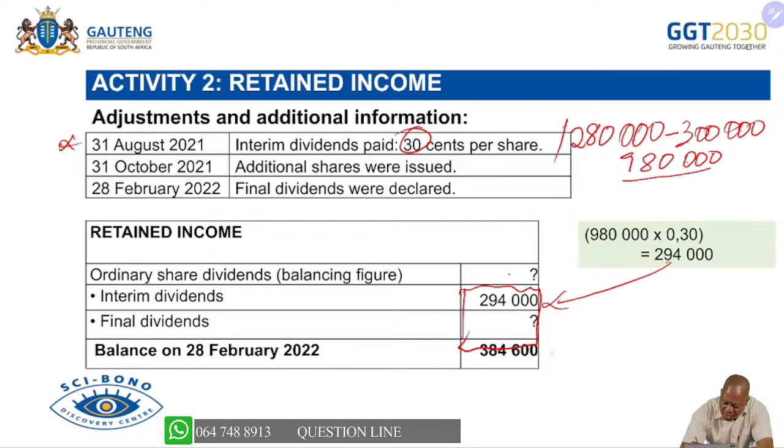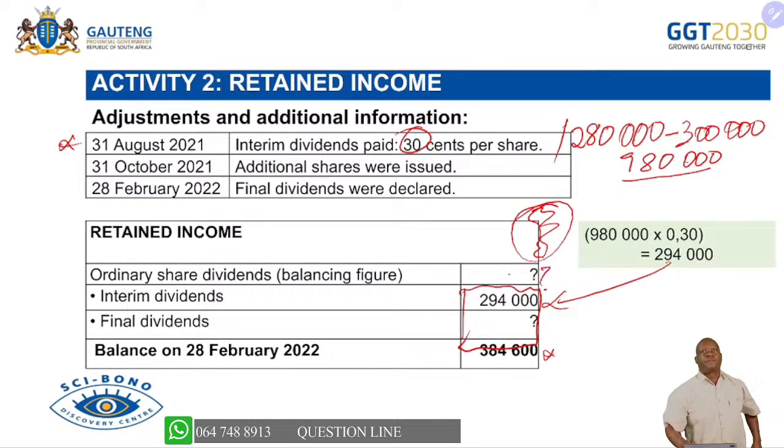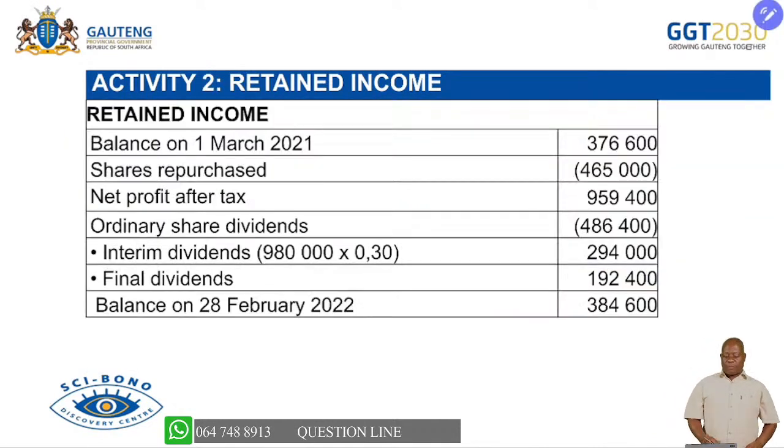If we have got this figure, the balance at the end, and we also have got all these other figures that are up there, it means we can find this figure first. So we can find the ordinary share dividends first before the final dividend in this case. So let's see how is it going to be possible and how it's going to be done.